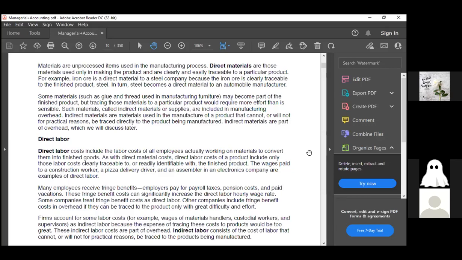So like in financial accounting, if we look at direct materials, for example, they say glue and thread here. Glue and thread used in manufacturing furniture. In financial accounting, we would use that as a cost of sales. Cost accounting is also using that as a cost of sales. So they are still treating that as a cost of sales, but they have further classifications of those costs.